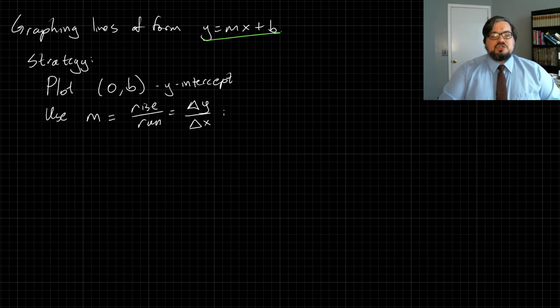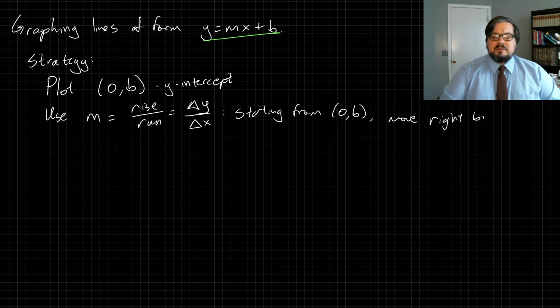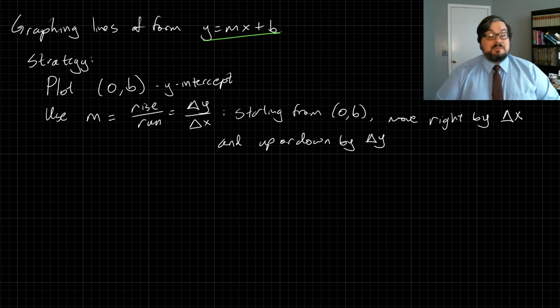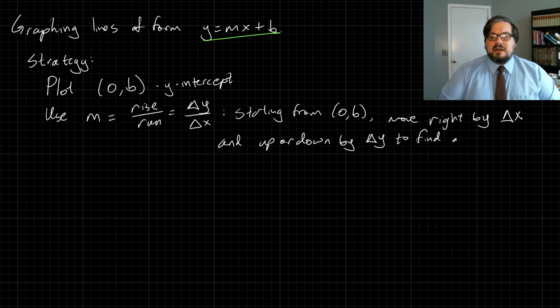And starting from the point (0, b), we'll move to the right by delta x, and then up or down by delta y. That's going to depend on whether the slope is positive or negative, to find another point.